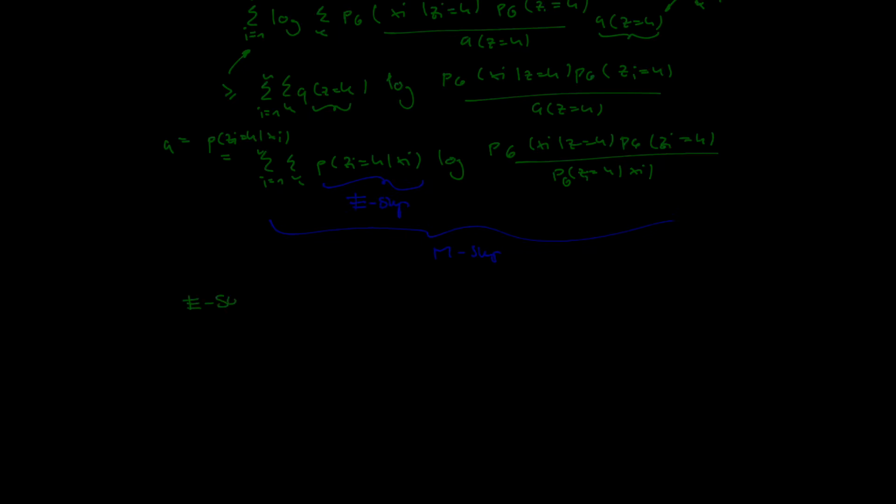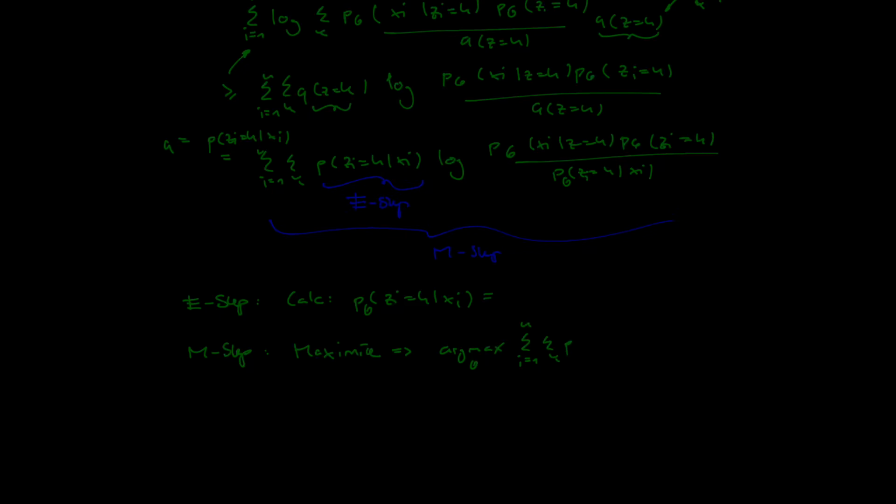The E step is calculating p of z_i equals to k given x_i, and the M step is to maximize. So we have the arg max over all possible parameters, right? Like we normally do in maximum likelihood, over all n, over all k.